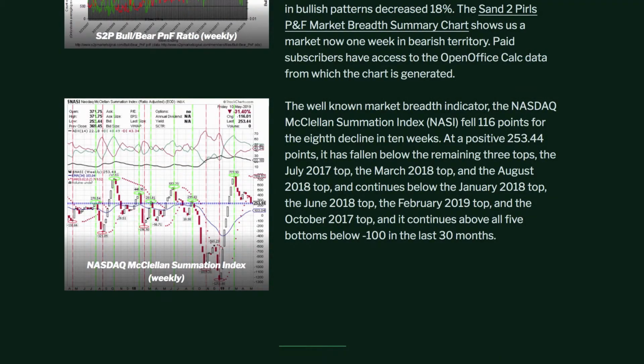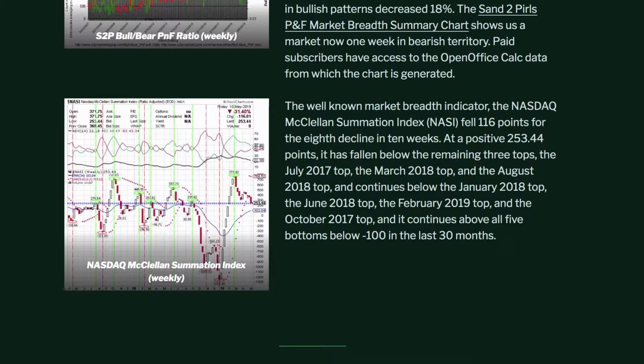The well-known market breadth indicator, the Nasdaq McClellan Summation Index, fell 116 points for the 8th decline in 10 weeks, at a positive 253.44 points.